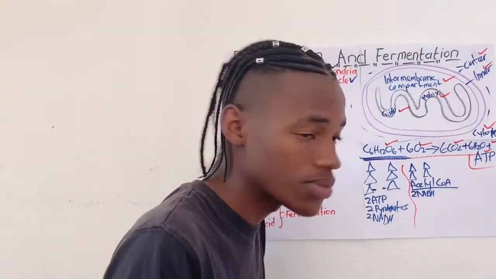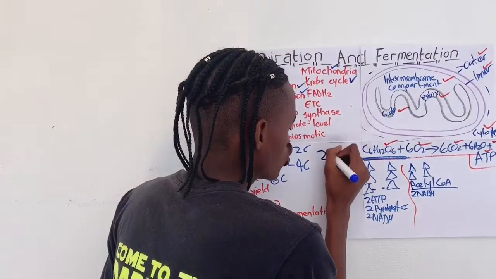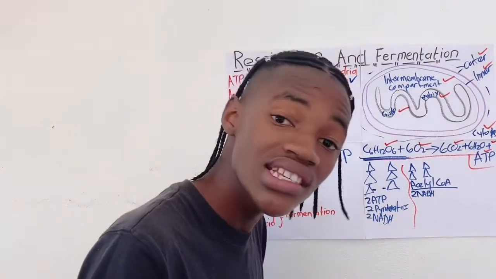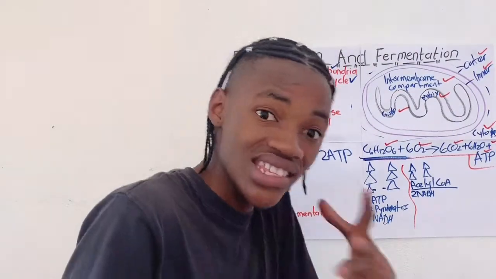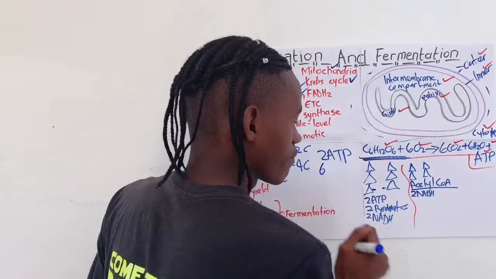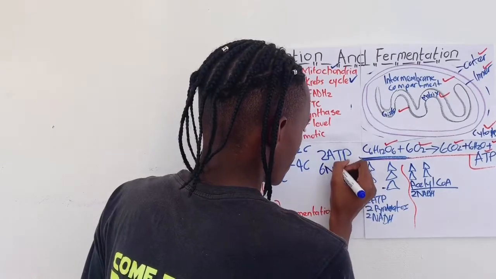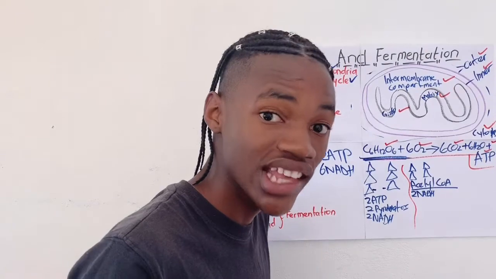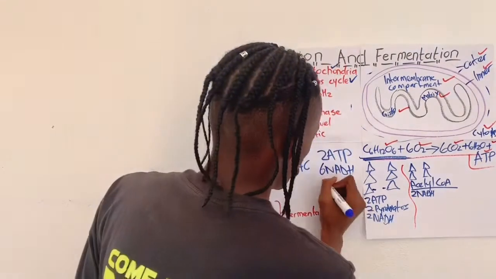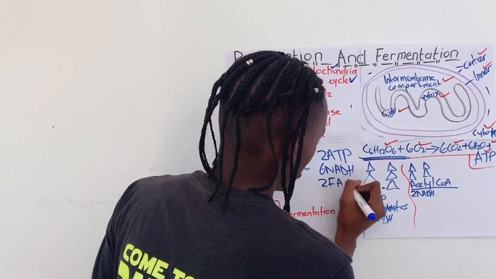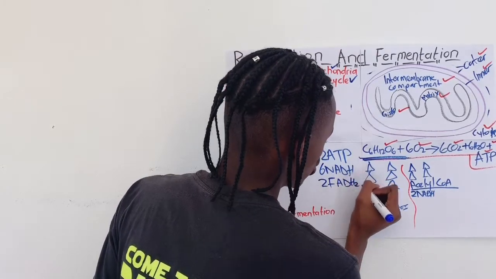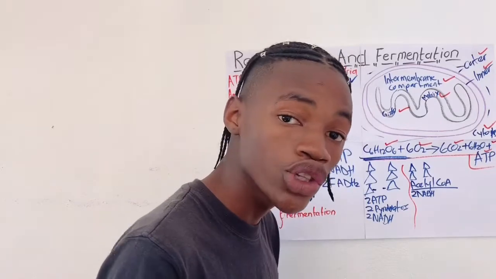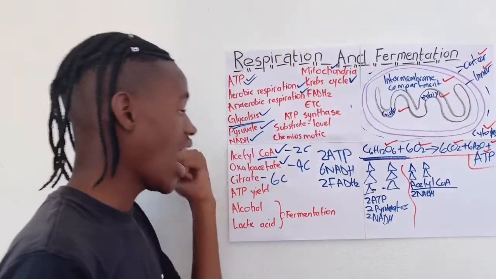The Krebs cycle produces 2 ATPs, and it produces 6 NADH, which carry energized electrons, and then it produces 2 FADH2. They also carry energized molecules, right?